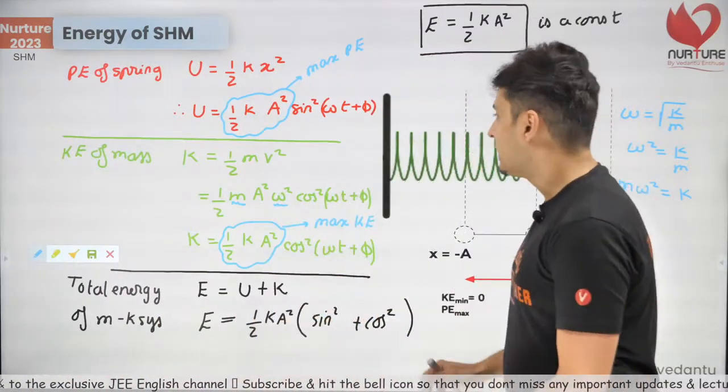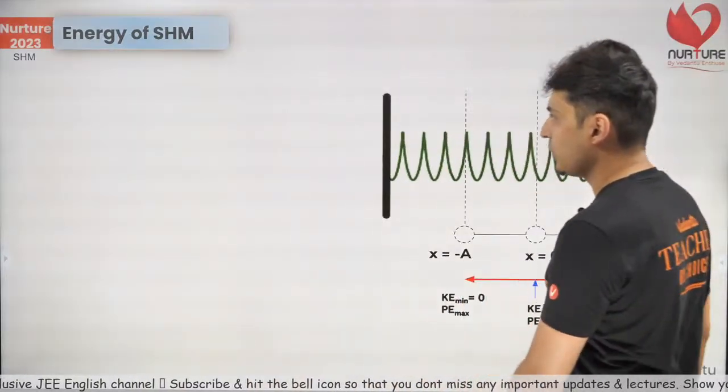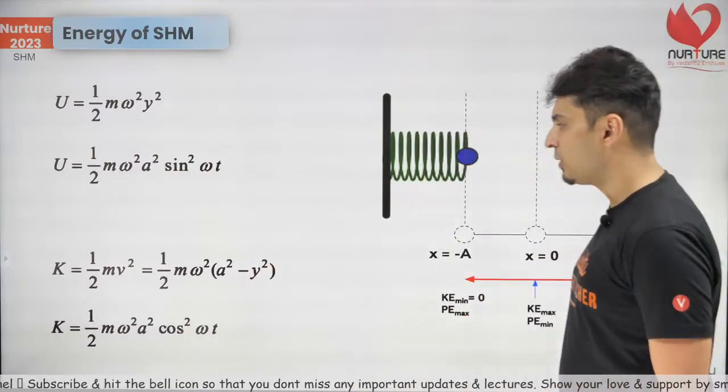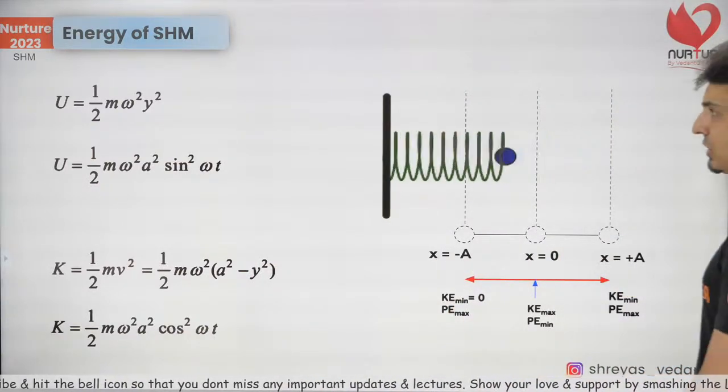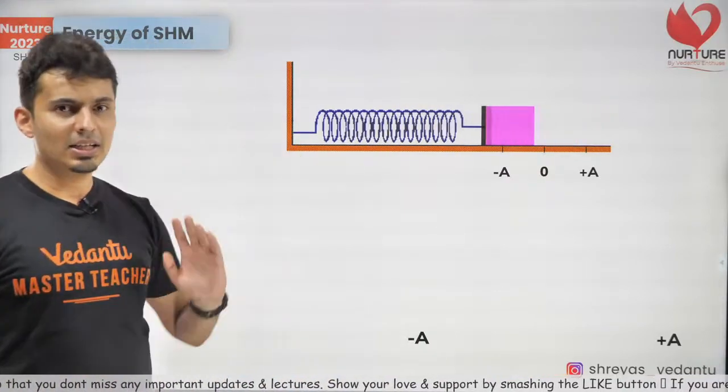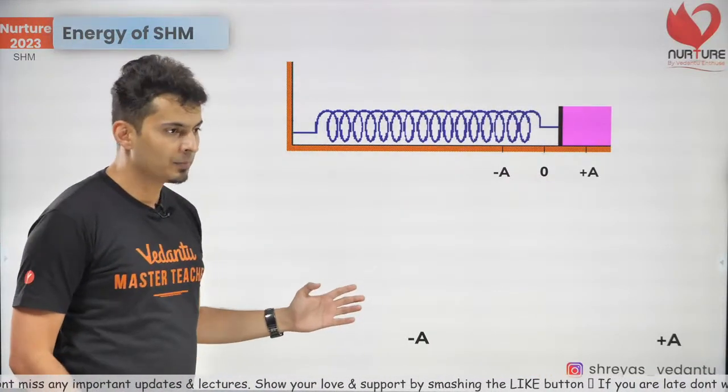Fair enough? Okay, let me show you a graph before going ahead. So we have the potential energy formula and the kinetic energy formula all over here, and you need to remember those things. How would the graph of potential energy and kinetic energy look like?